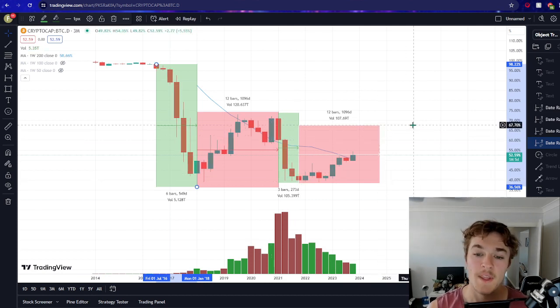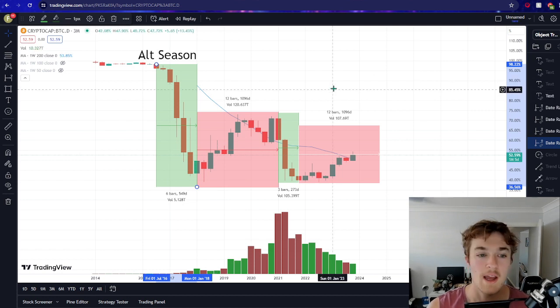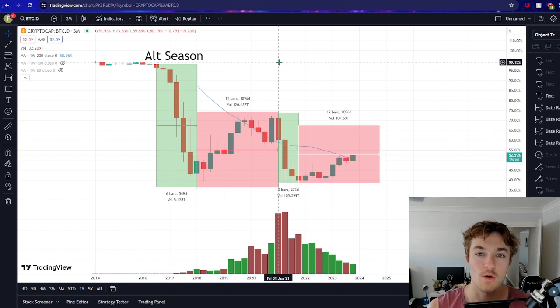And vice versa. What you'll often see people refer to this as is an altcoin season, or basically a Bitcoin season. As we can see, the first big green square is obviously a big altcoin season. Essentially, what is happening during this green box is that altcoins, so every other token other than Bitcoin, are seeing market cap growth, whilst Bitcoin is not seeing as much market cap growth.